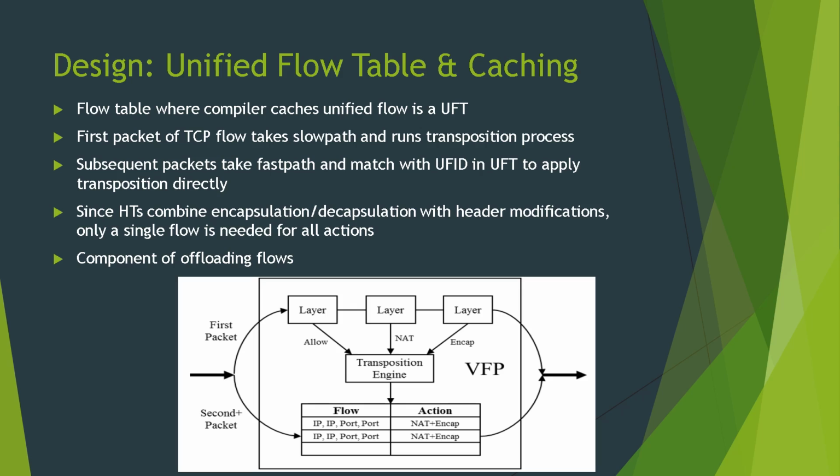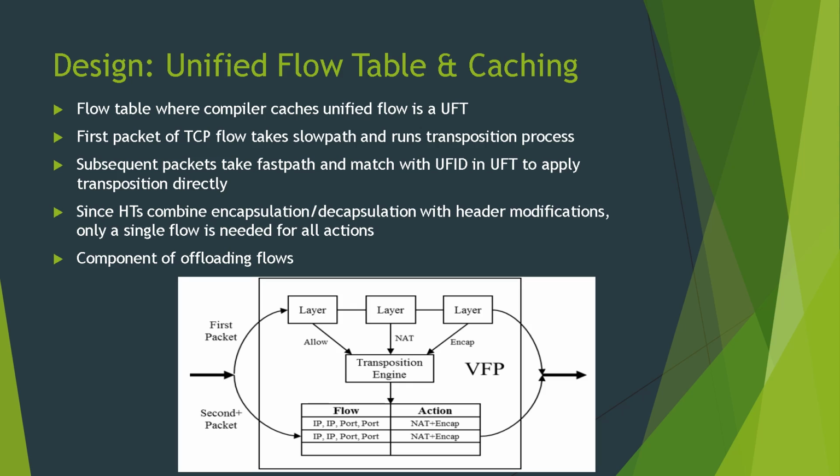These unified flow IDs can then be cached by the flow compiler into a huge table known as the Unified Flow Table, or the UFT. The data path that any packets will take can then be split into a fast path and a slow path.